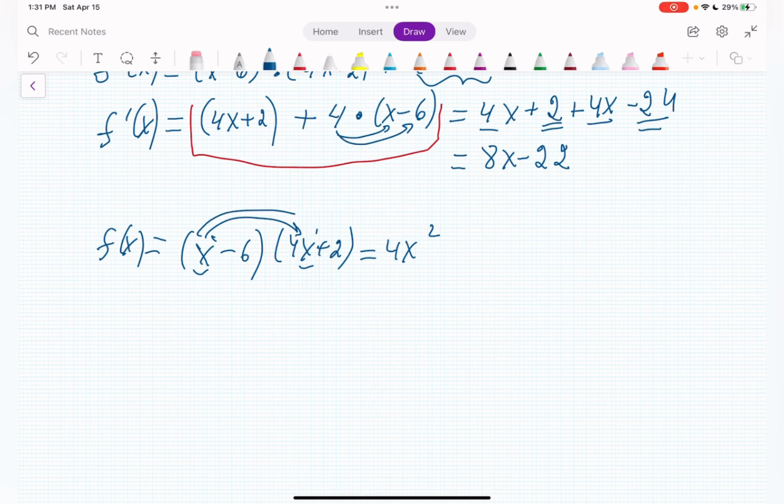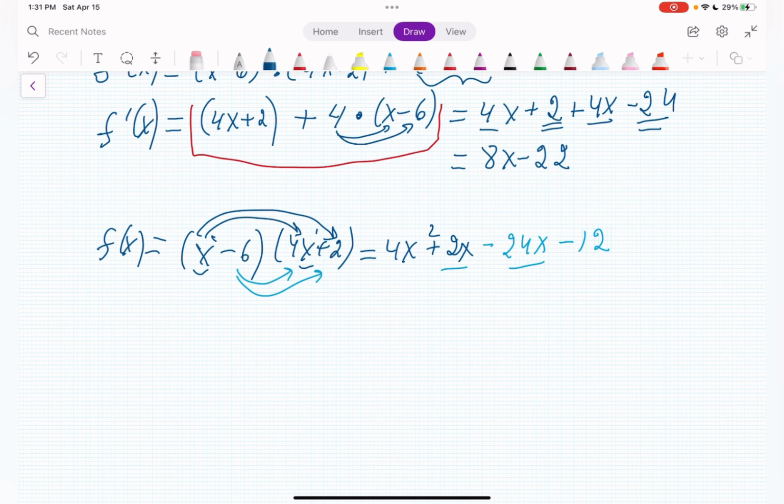Next, x times 2 is going to be plus 2x. And here, negative 6 times 4x is going to be negative 24x. And negative 6 times 2 is going to be negative 12. Here we have two like terms.